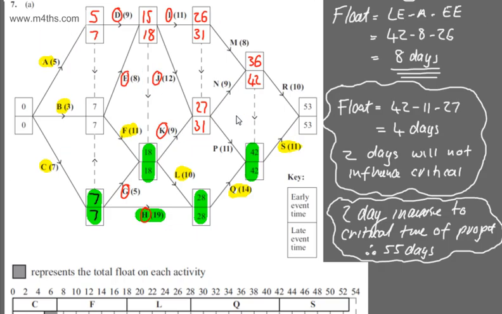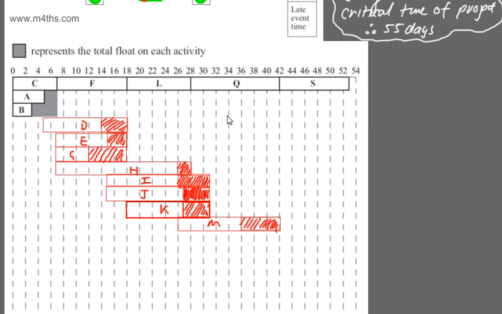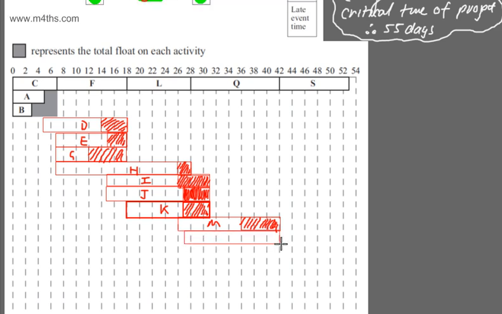Let's go back. As you can see, this is just a lot of work. 27, 36, 42. So let's do that one. 27, which is going to be just there. 36 and 42. So 42 we know is just there.